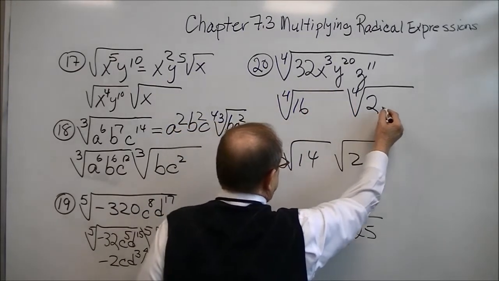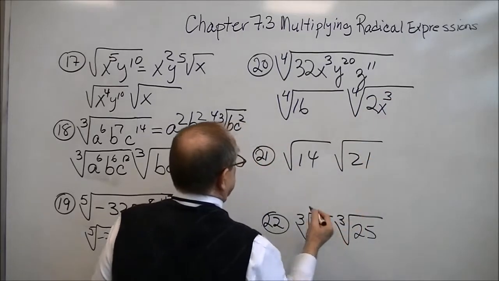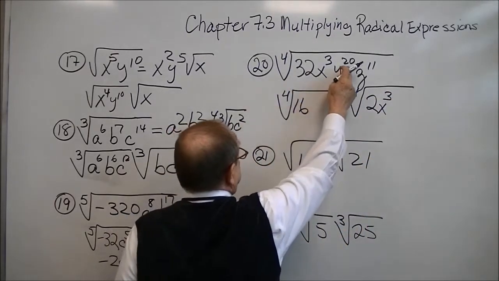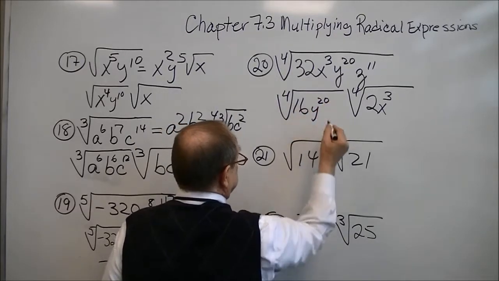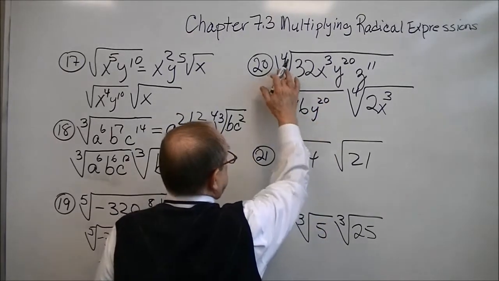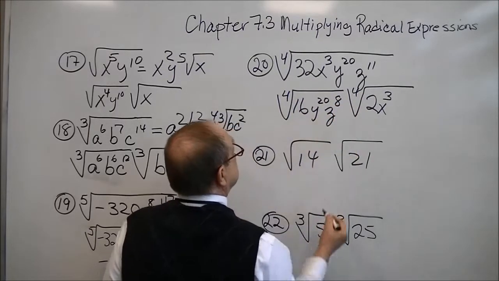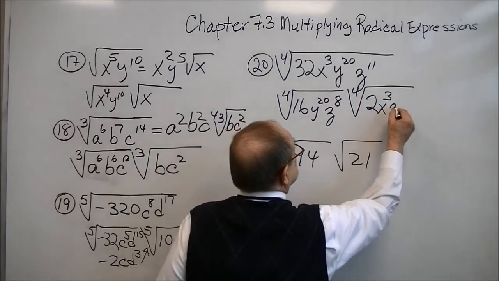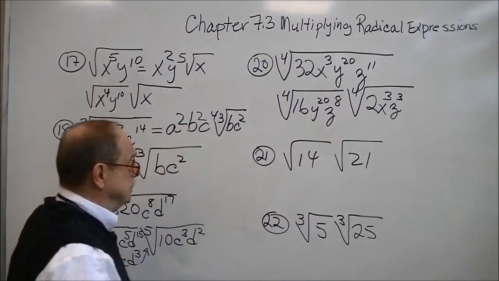Now there is no x, that's just the 3 there. Now y to the 20th is a perfect 4th power. And here we're going to get z to the 8th, so we have z to the 3rd left over.